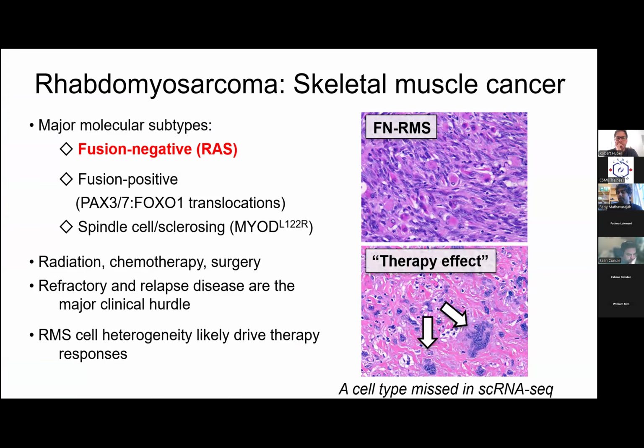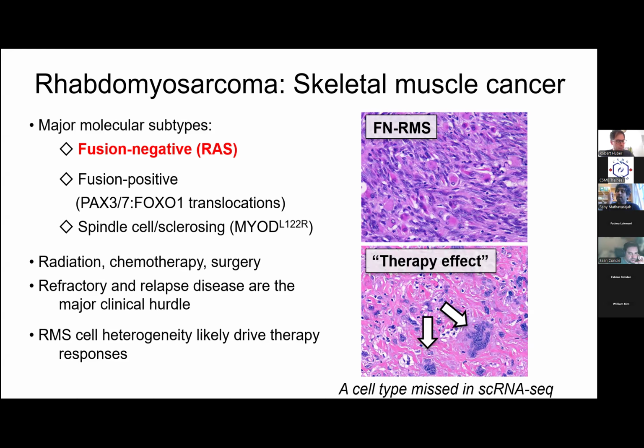But then you also have this fusion positive type of rhabdomyosarcoma, and that one is primarily driven by chromosomal translocations, leading to fusion proteins that really drive oncogenic transformation, primarily PAX3-FOXO1. And then you have this other subtype, far more rare, but very aggressive therapy-resistant form known as the mutant MyoD subtype. And so our lab's interested in all of these, but fusion negative is kind of the focus today.